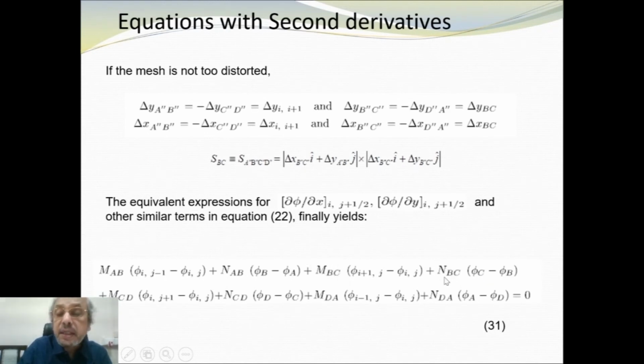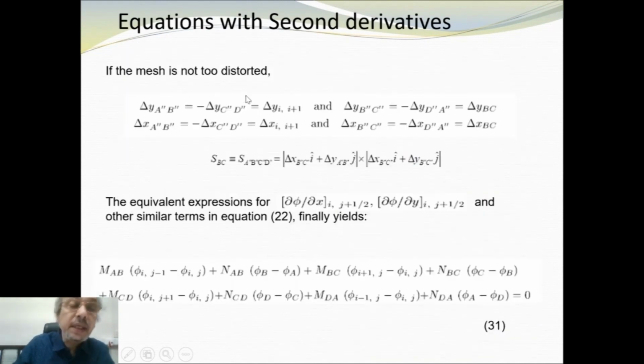MBC is multiplied by phi i-1 j minus phi ij, and this is multiplied by phi C minus phi B. From the third line we'll get these two terms, and from the fourth line we'll get these two terms. So equation 22 is now completely evaluated as equation 31.